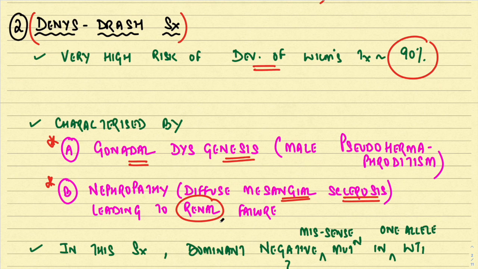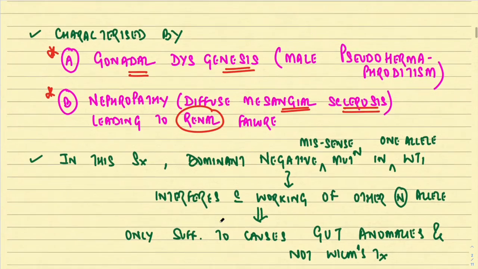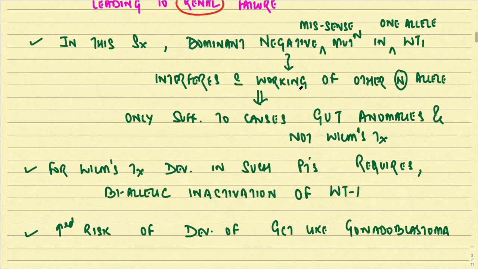Now remember, in Denys-Drash syndrome, there is a dominant negative missense mutation in one of the alleles of WT1, and this interferes with the working of the other normal allele of WT1, that is the wild type allele. Although one allele has the mutation and the other is normally functioning, the missense mutation in one allele will interfere with the working of the normal allele.